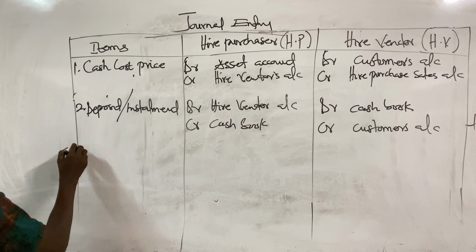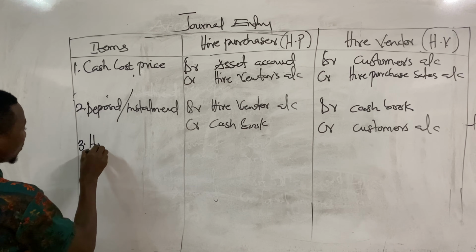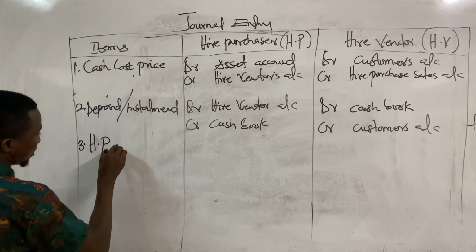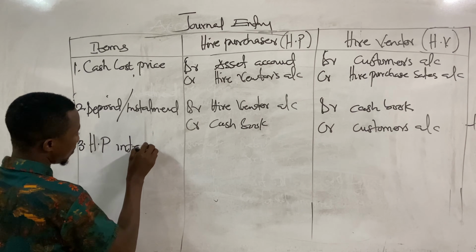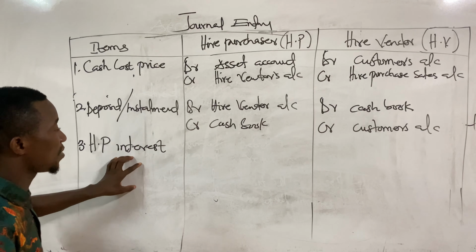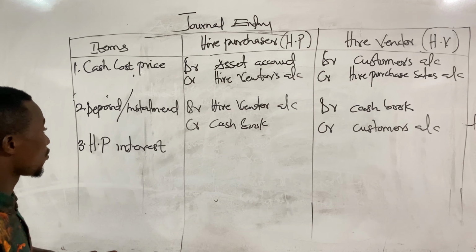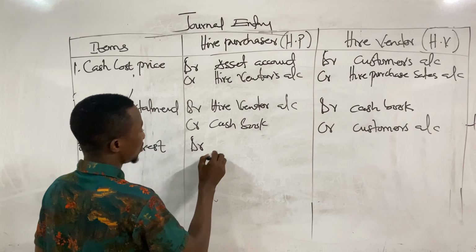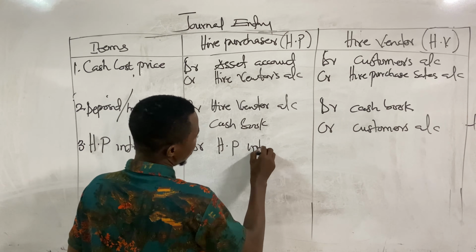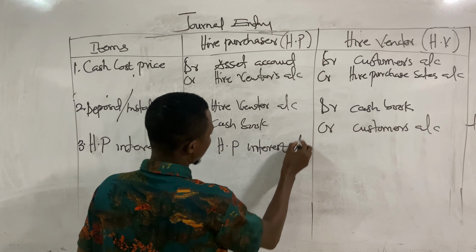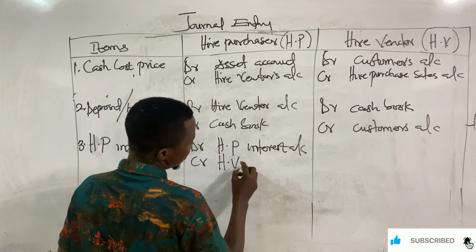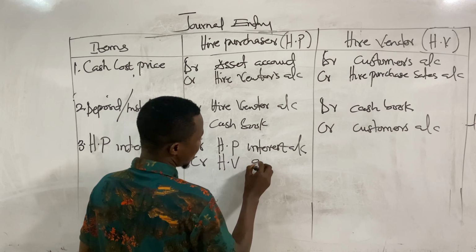So talk of HP interest. That is hire purchase interest. Anytime there is hire purchase interest, what we do is that we debit the hire purchase interest account, then we credit the hire vendor's account.